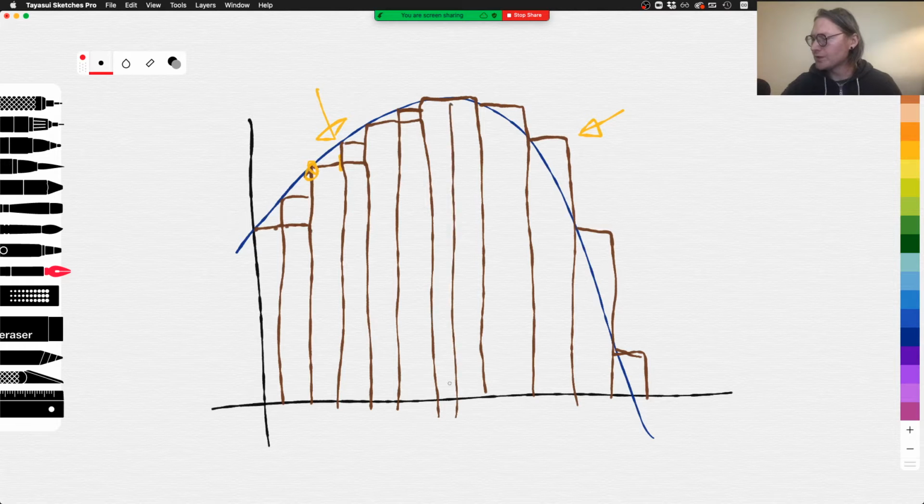Right, and this one's already pretty good. And so on. I'm not going to fill the whole thing in, but if we continue to divide these in half, we are approaching the actual area. The better our approximation is going to be.